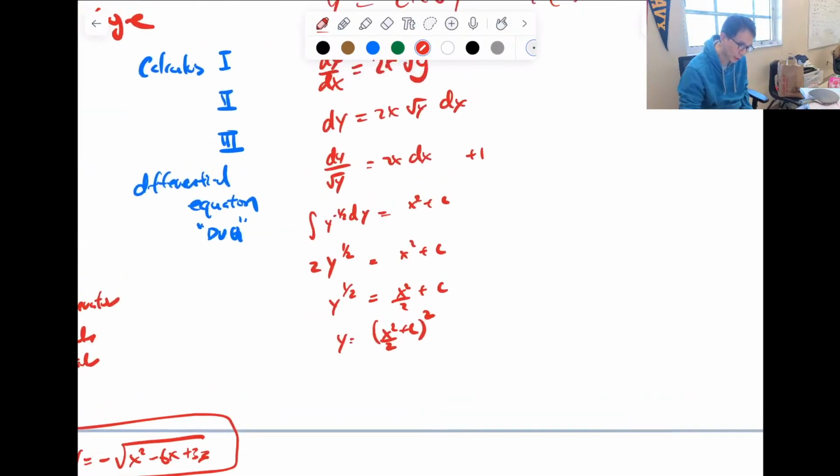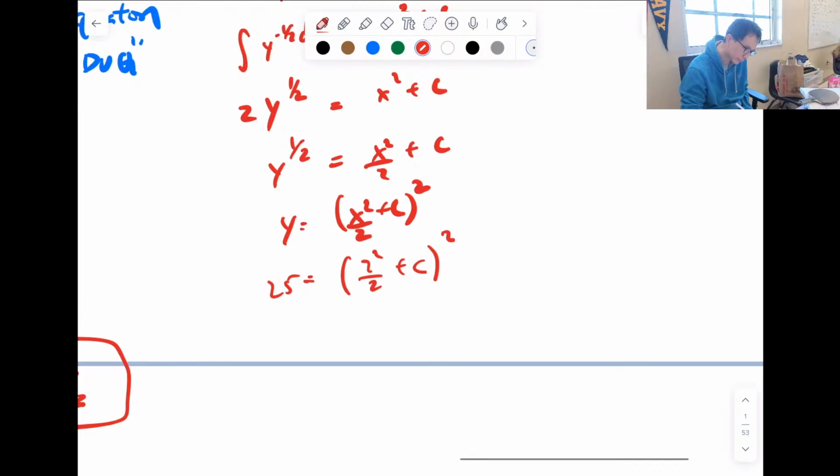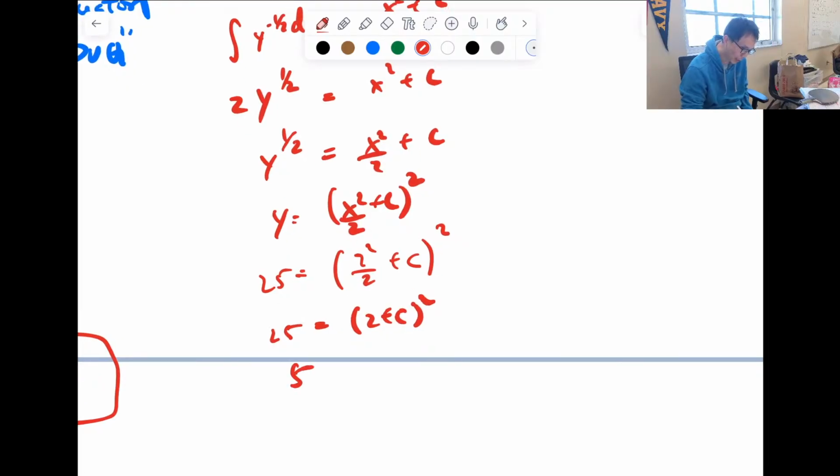Now I'm going to plug in the initial condition. What's the initial condition? 25 is equal to 2 squared over 2 plus c, squared. So 25 is equal to 2 plus c, squared, right? Can I square root both sides to get rid of the square? 5 equals 2 plus c, so c is equal to 3.